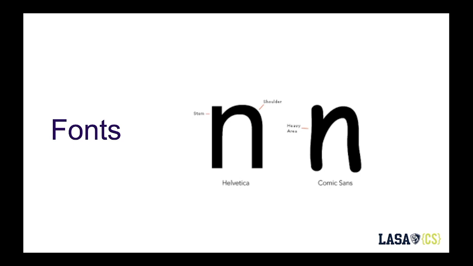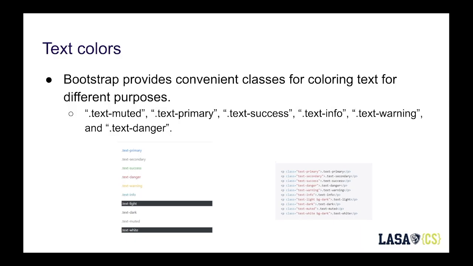Okay, fonts with Bootstrap. One of the features of Bootstrap is font color, or text color. With CSS, you would normally use the color attribute and label it with a specific color like blue, red, or orange. But with Bootstrap, that's not how it works.